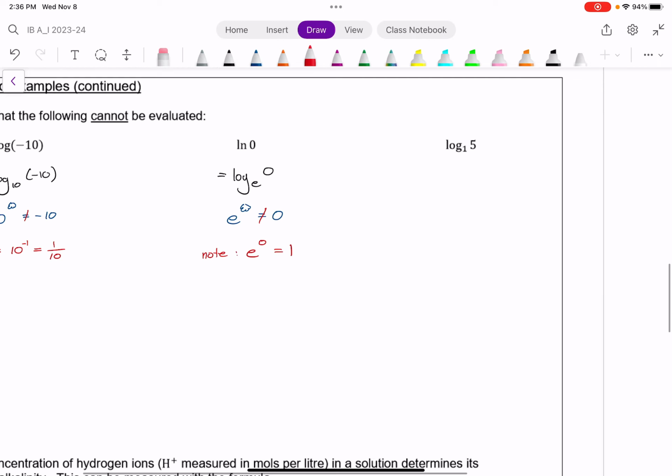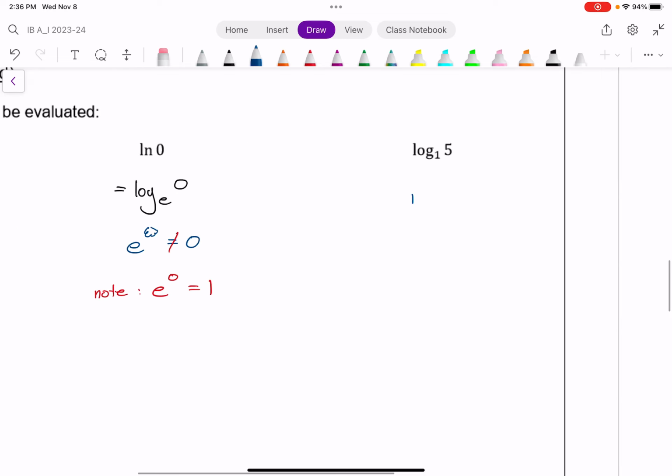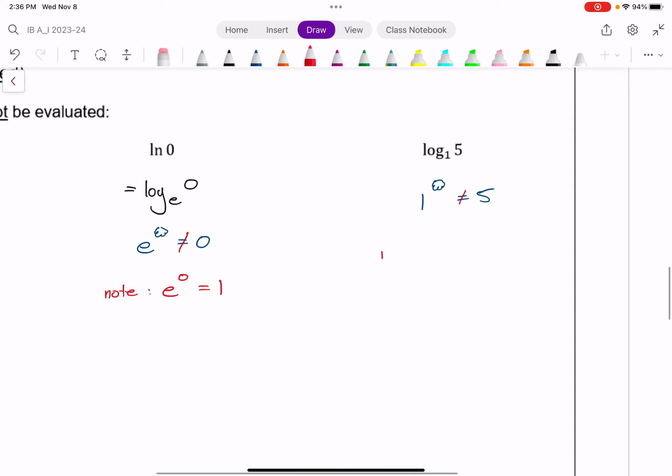And so the last of these, I have log base 1 of 5, which I have to think about. That means 1 to the power of what equals 5? Well, you can't do that. I could repeatedly multiply 1 all I want. I'll never get 5. And again, a common mistake is to think the answer should be 5. But keep in mind, 1 to the power of 5 equals 1, not 5.